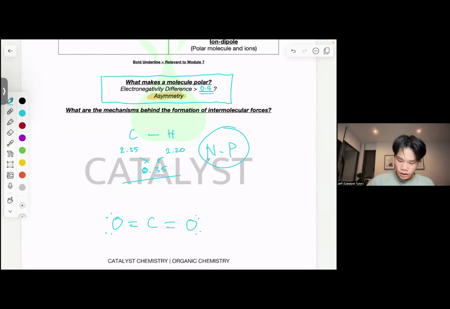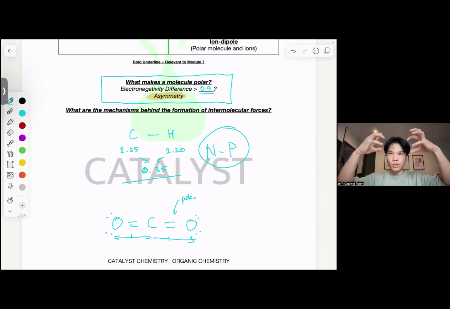Carbon to oxygen is polar. However, because it pulls evenly on electrons either way across the molecule, it is a symmetrical molecule. The dipoles actually end up canceling out, and the molecule ultimately ends up being non-polar as well because it is symmetrical.